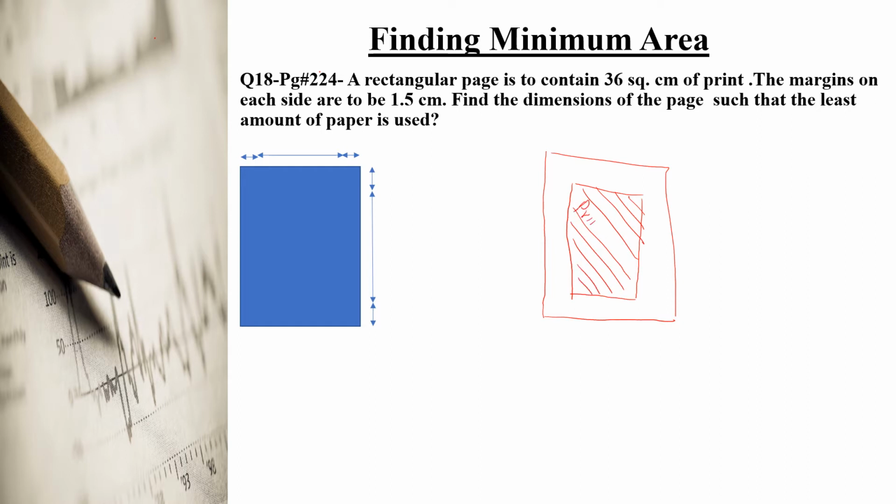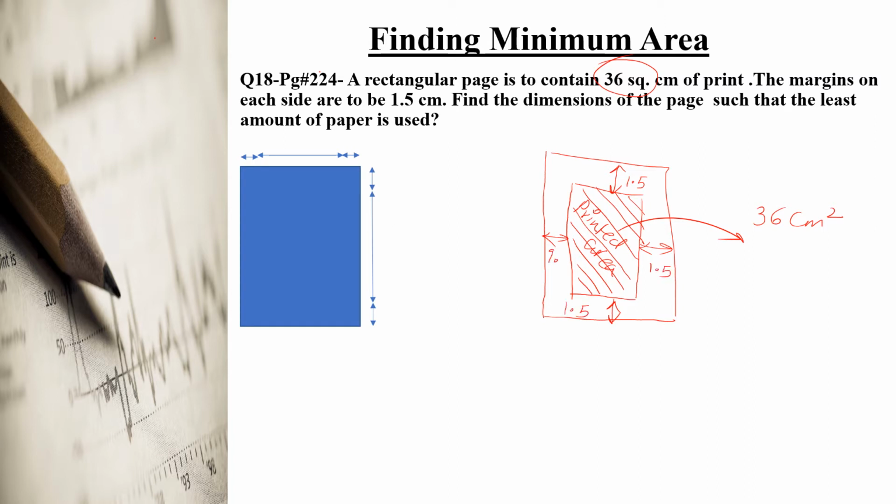So on this printed area, the printed area according to the question is 36 centimeter square. Now it has also said that from each side, meaning from the top, from the right, from the left and from the bottom, 1.5 centimeter has been left.